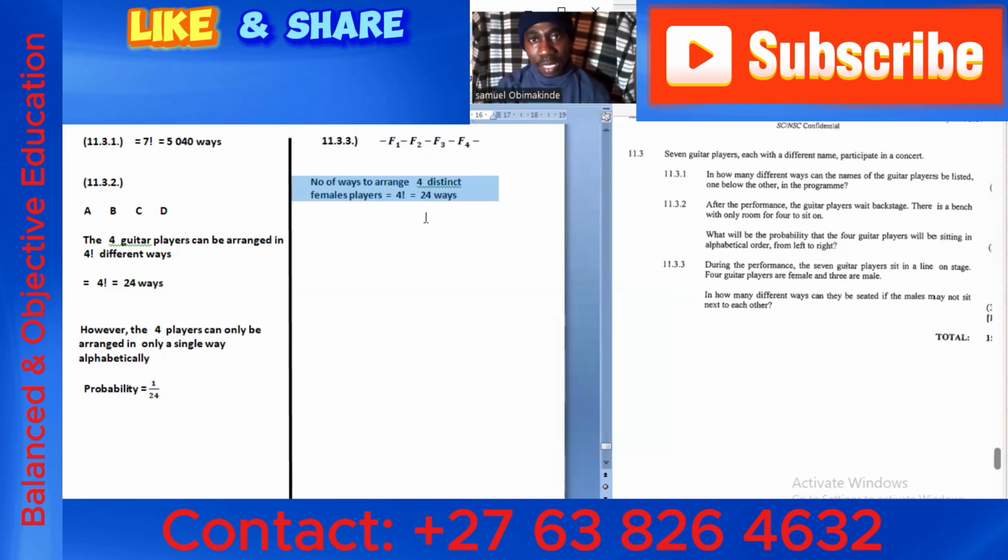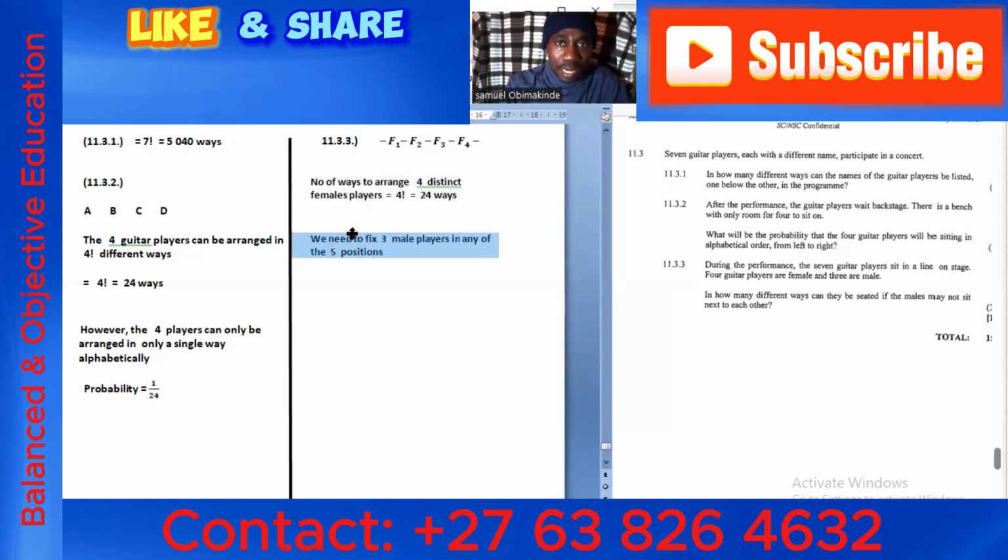Now, let's look at the sitting arrangement of the males, right? There are 3 males, right? And those 3 males have the possibility of being fixed in any of these 5 positions. So we have to look for a way we can arrange 3 males in 5 possible positions, right?